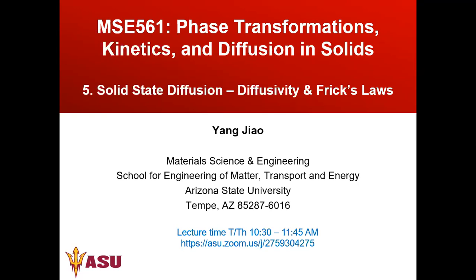Okay, so starting from today, we're going to switch gear and begin to talk about another very important tool we're going to use a lot in our subsequent study of phase transformation, namely diffusion, which is the key kinetic mechanism that allows the phase transformation to occur, especially in alloys.